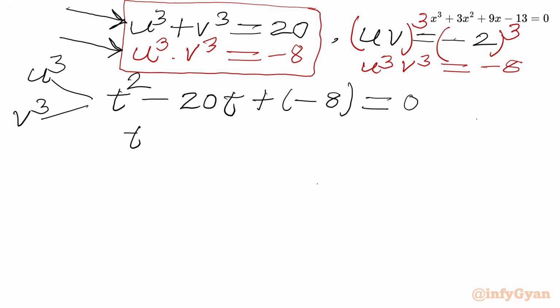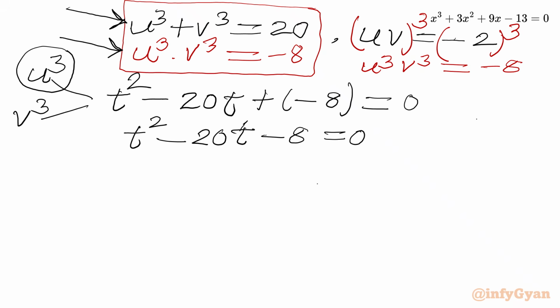So we will get t square minus 20t minus 8 equal to 0. We have one quadratic in t whose roots are u cube and v cube.